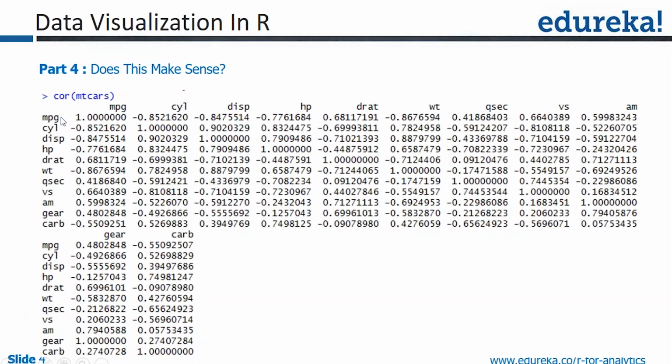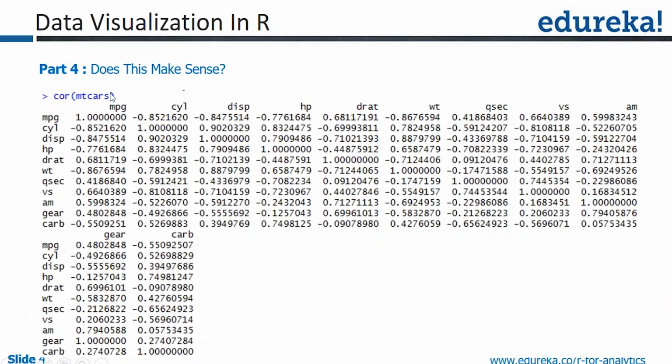For example, miles per gallon and cylinder. There is a negative correlation. And if this number is closer to -1, that means there is a strong relation between these two variables, which is miles per gallon and cylinder.